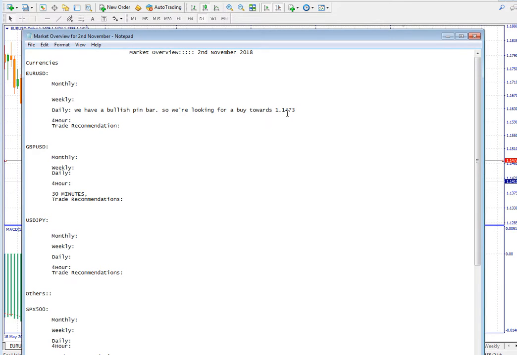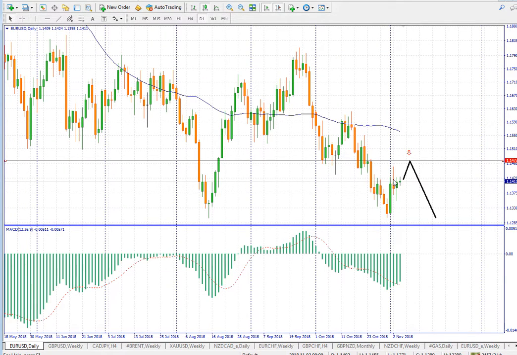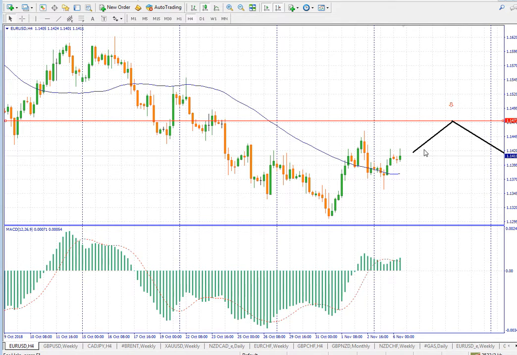We want the price, based on this pin bar, the previous day's pin bar, we expect the price to spike up towards 1.1473, where we are going to look for a sell to the lower side.